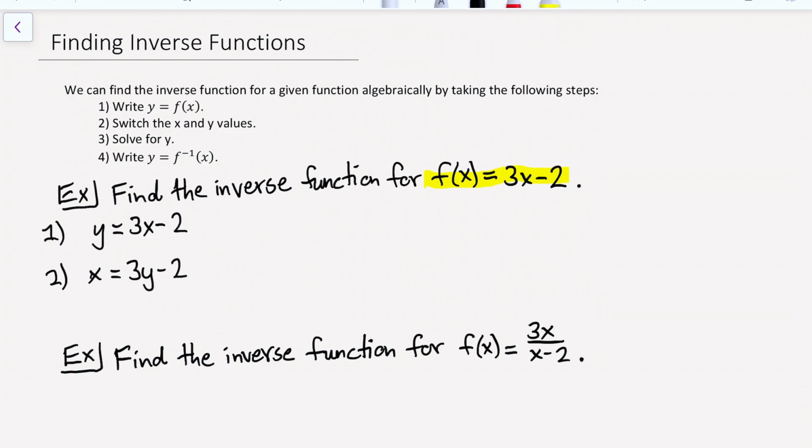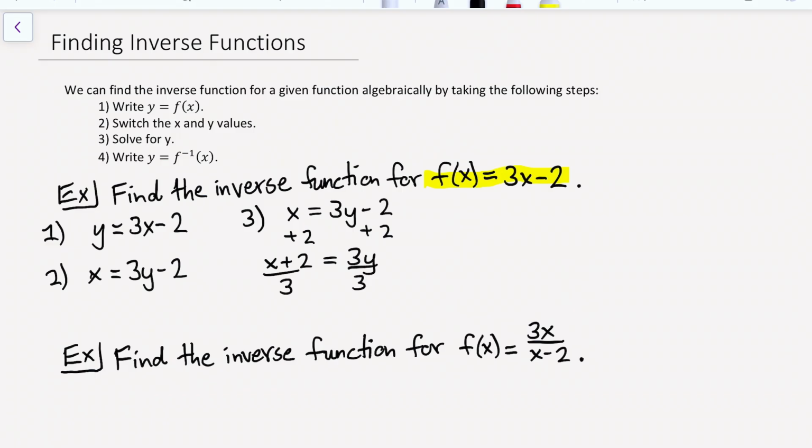We've just created a new function. This is not the same as the original function. This is the inverse. But we now need to solve this function and express it in terms of y, the output value. So let's take this equation, x equals 3y minus 2, and rearrange it to solve for y. So I'll add 2 to both sides. I get x plus 2 equals 3y.